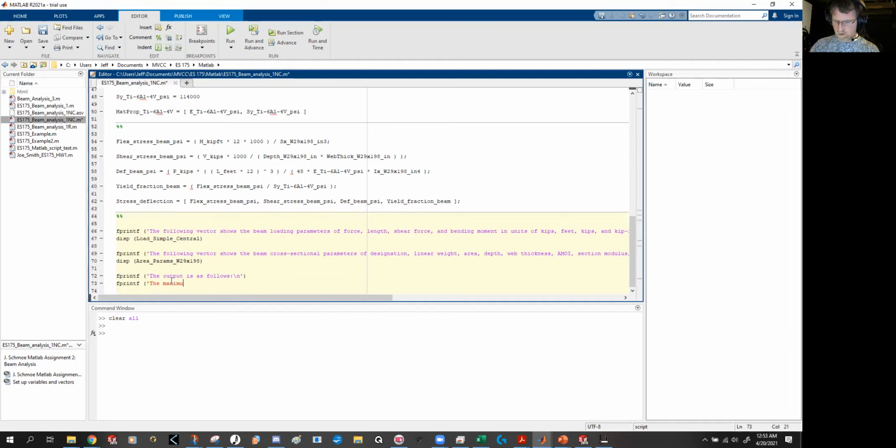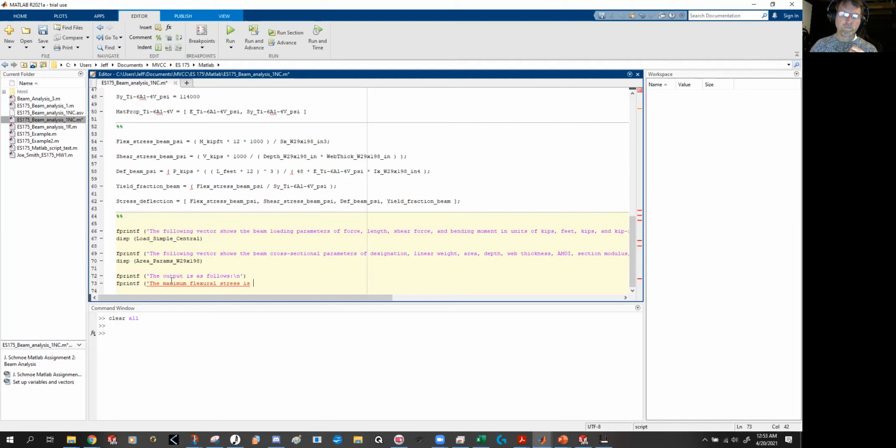Maximum flexural stress is, okay, so this is where you've got to slow down. Okay, take it off the 2.0 or whatever it is that you're speeding through here. This is where we want to make sure that we're doing the right thing here.